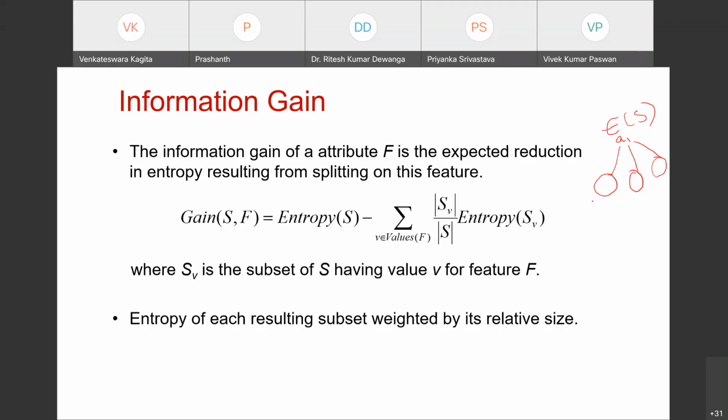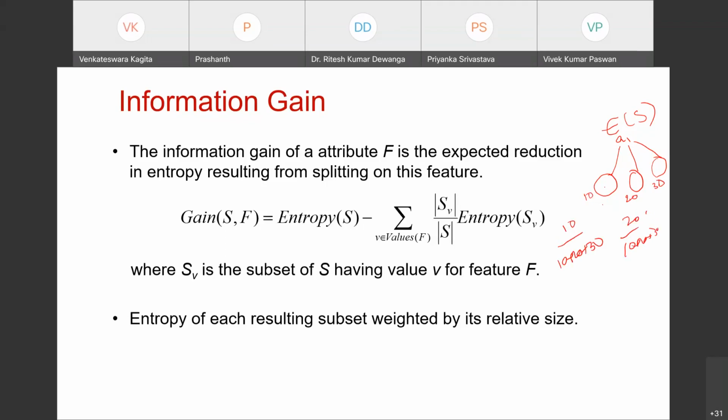Take the impurities in corresponding fractions, like an average, though not a strict average. Suppose you have 10 instances here, 20 here, and 30 here: you take 10 by (10 plus 20 plus 30) as the weight for the first, 20 by (10 plus 20 plus 30) for the second, and so on.